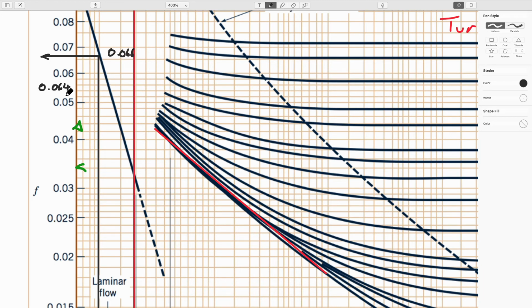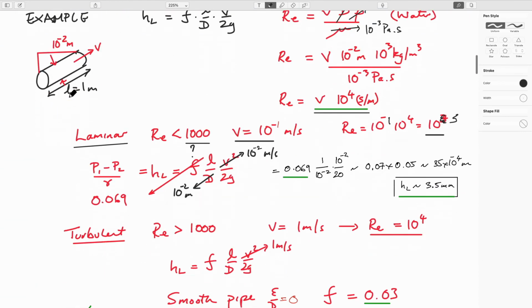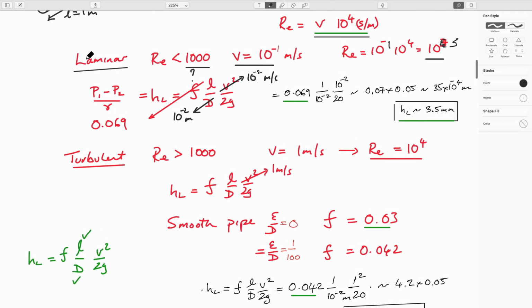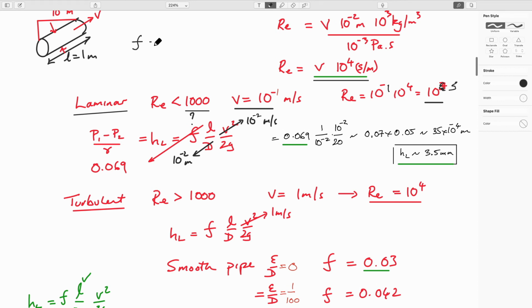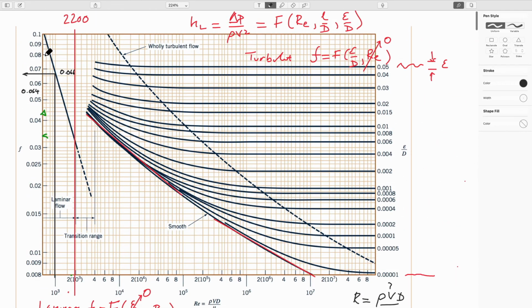The reason we know it's 0.064 is because we know for laminar flow that the friction factor equals 64 over Re. So if the Reynolds number is 1,000, this is equal to 0.064. So that's the equation of this line. We derived it last time.